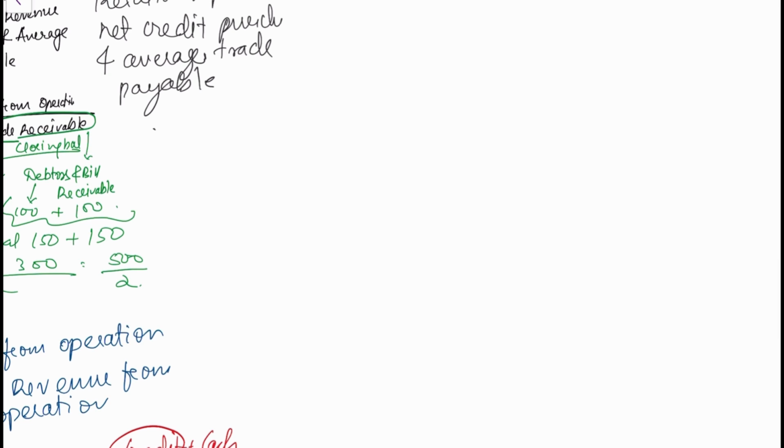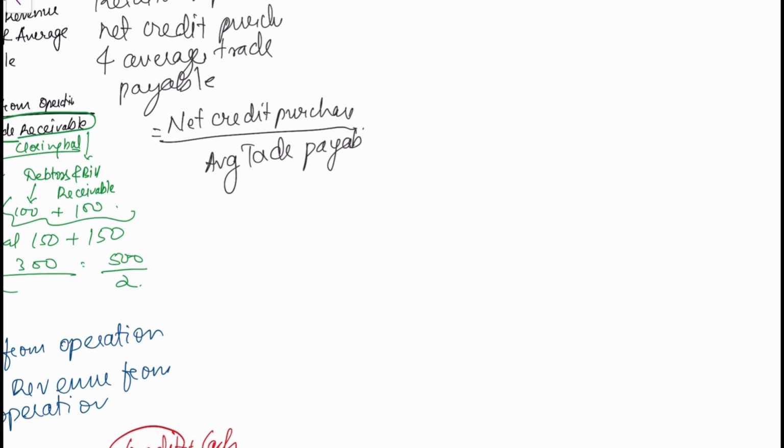Formula is net credit purchase divided by average trade payable. Here also, it is trade payable, so it will be creditors and bill payable. So the same method, opening and closing, average of that we have to take.